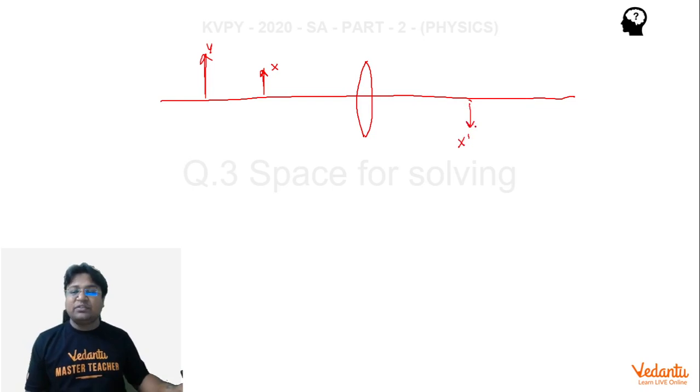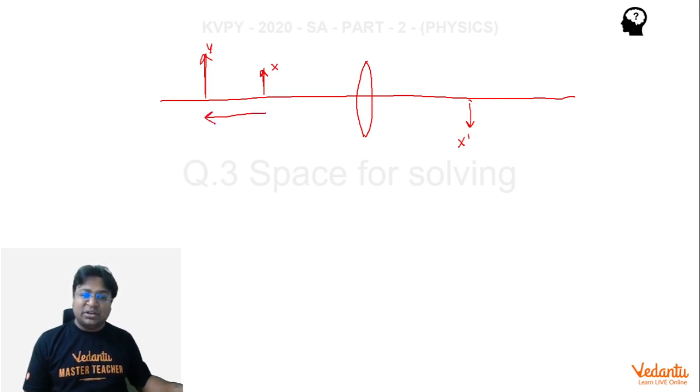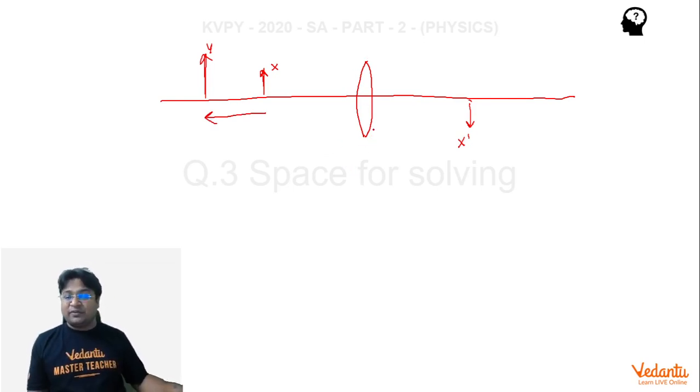Now if relative to this image I have to draw the image of Y, then I'm going to use the property that if we move the object in a certain direction, the image also moves in the same direction. This is the property of a convex lens. So if the object was here, the image was here. Now if we move the object leftwards, the image will also move leftwards.